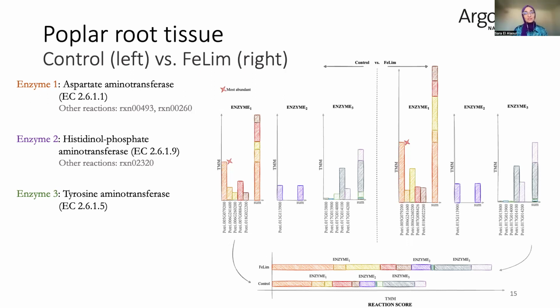So that alleviates the effect of one gene being highly expressed or not expressed at all under a certain condition affecting the whole score of the reaction. So even though that specific enzyme became 0 under limited iron, you can still see that the limited iron score is much higher than the control condition.